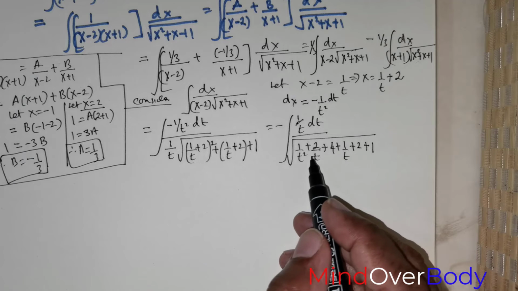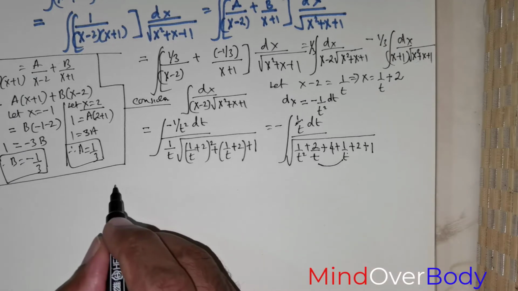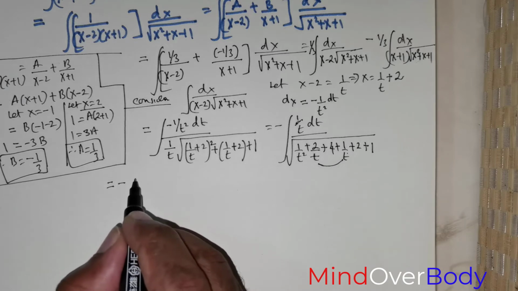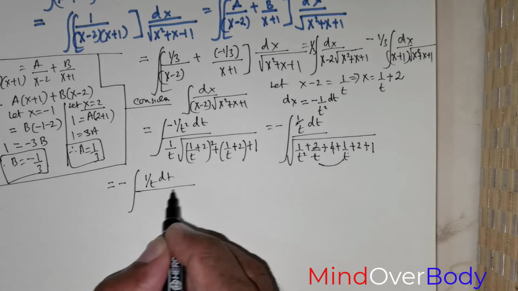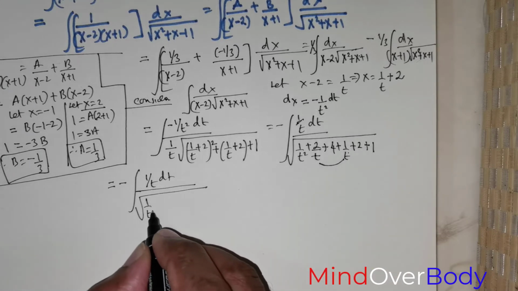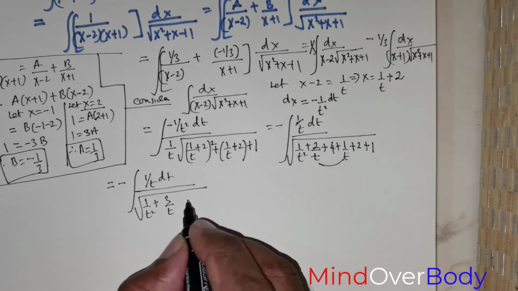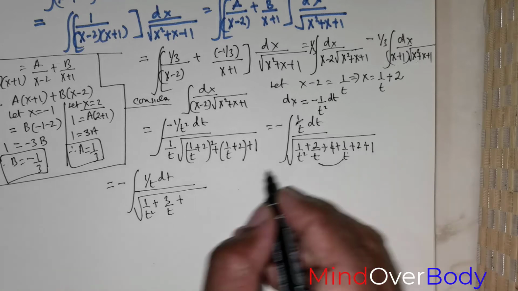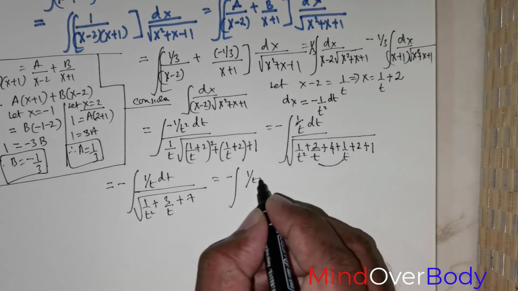Now I can add these together, so that will give me 3/t. Let me write it down: negative integral 1/t times dt divided by root of 1/t² + 3/t + 6 + 1, which is 7, equal to −1/t times dt.